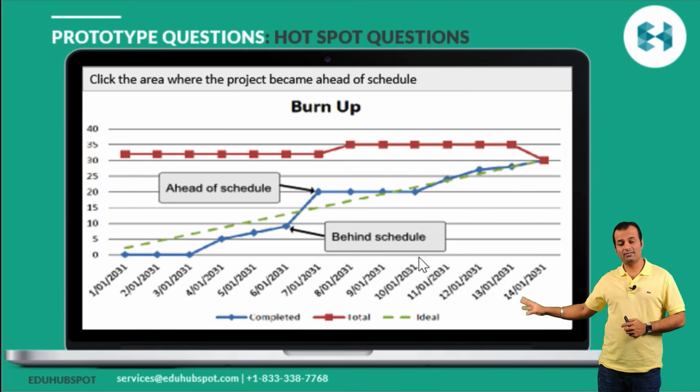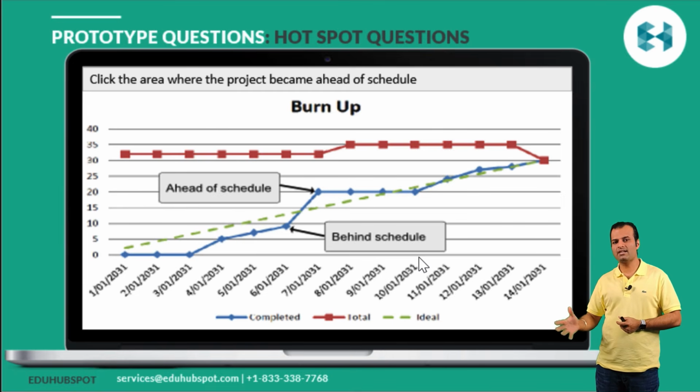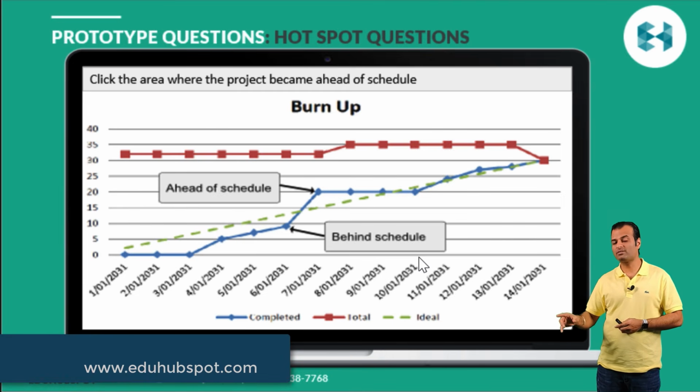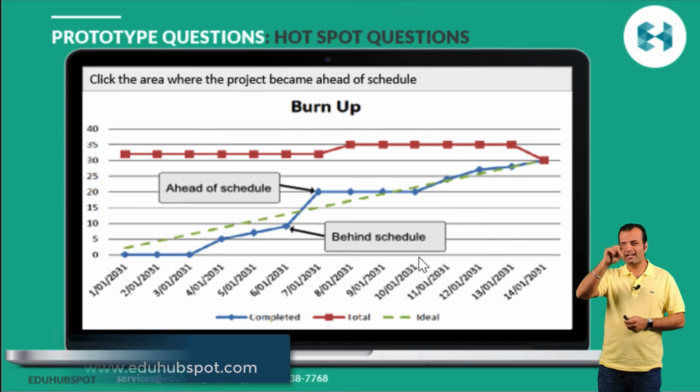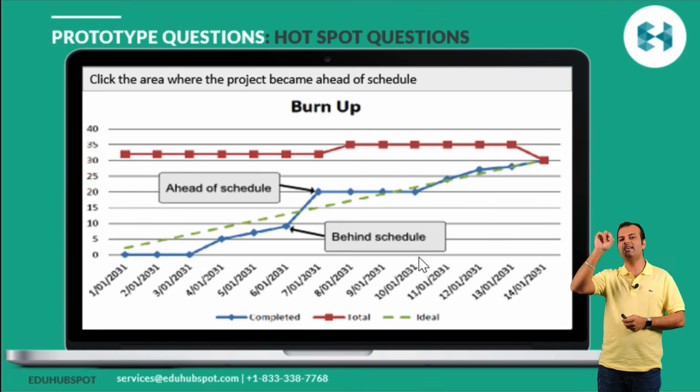Of course, I have explained it in my later videos, so you can watch it on my website www.eduhubspot.com. But over here, you will probably have to click the area. They will give you 4 options, A, B, C, D, and you have to pick the right answer. Sometimes you may have to drag the option in this particular hotspot question. So something like this can also come.